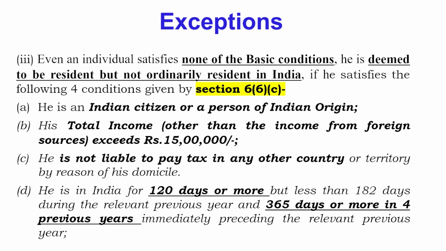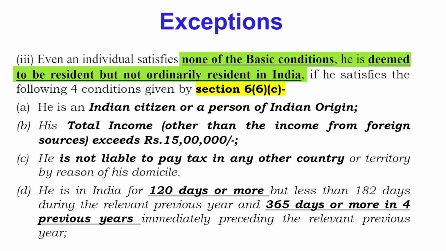Exception 3. Even if an individual satisfies none of the basic conditions, he is deemed to be a resident but not ordinarily resident in India if he satisfies the following four conditions given by Section 6(6)(c).